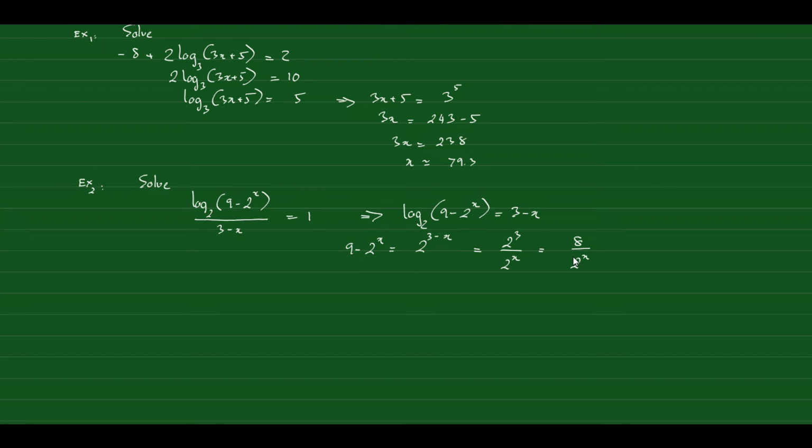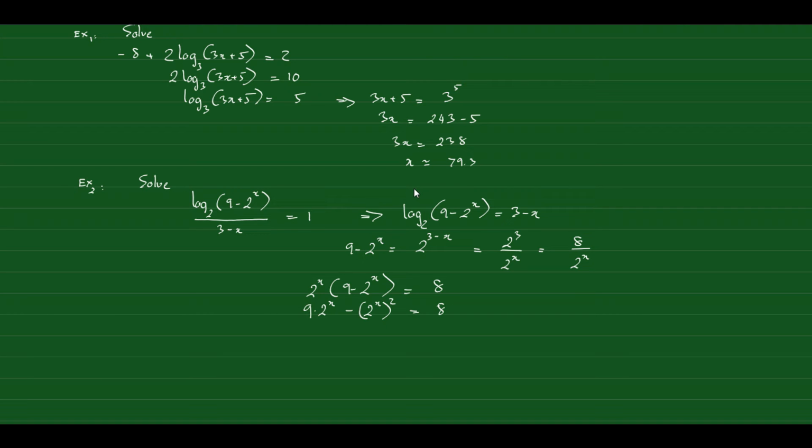Now I'm going to multiply both sides by 2 to the x. So I have 2 to the x times (9 minus 2 to the x) equal 8. So I will have 9 times 2 to the x, distributing, minus 2 to the x squared, since 2 to the x times 2 to the x is 2 to the x squared, equal 8.